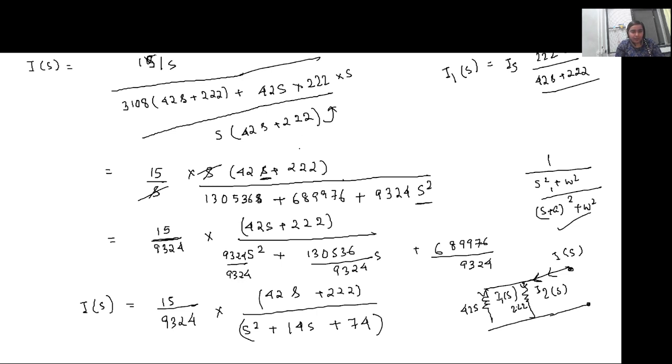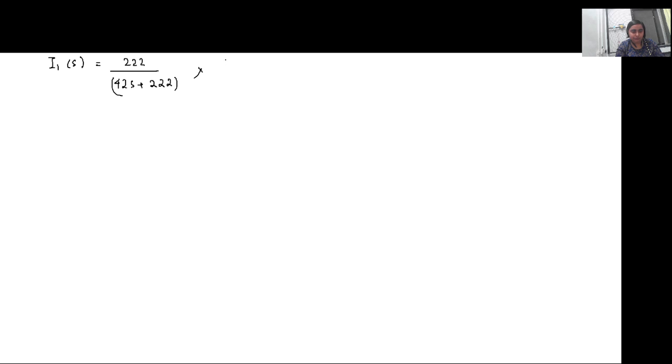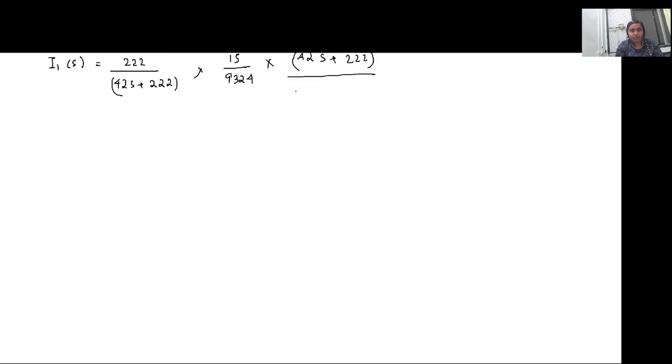So if we simplify I1 of s, it will be 222 into 42s plus 222. And what is I of s? 15 by 9324 into 42s plus 222 by s square plus 14s plus 74.